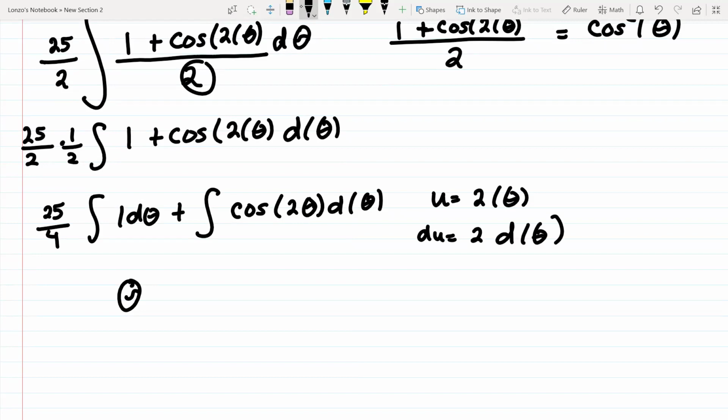I have to get rid of this 2 because I don't have this extra 2. So to get rid of it, I'm going to multiply both sides by 1/2. So this is 1/2 du, and over here, 2 times 1/2 is just d theta.